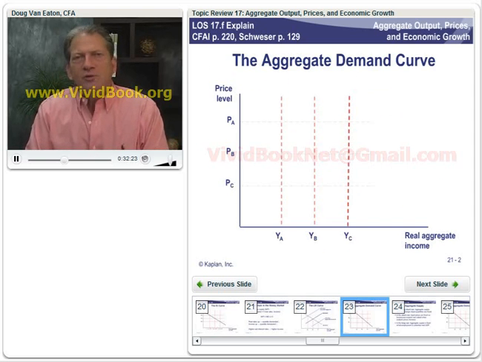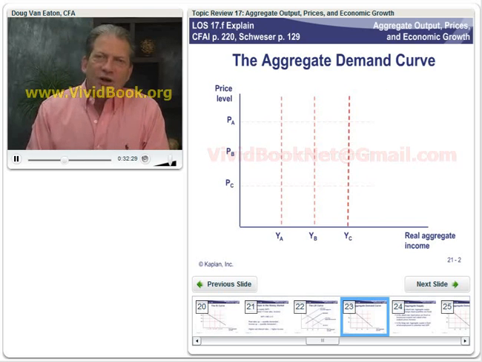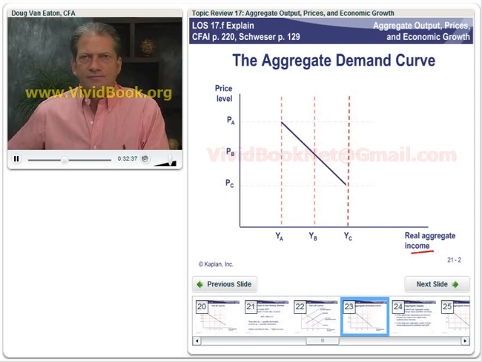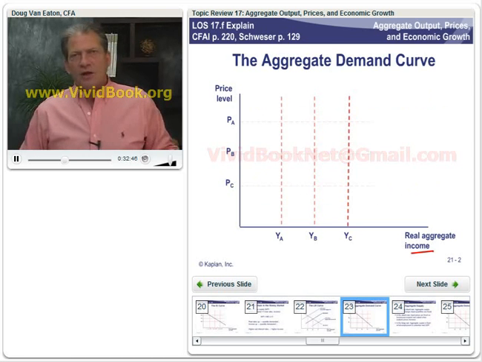So please remember that. And then we tweak the price level to get an aggregate demand curve, because our aggregate demand curve shows real output demanded at different price levels. I'll spend just a little more time on that one, okay?